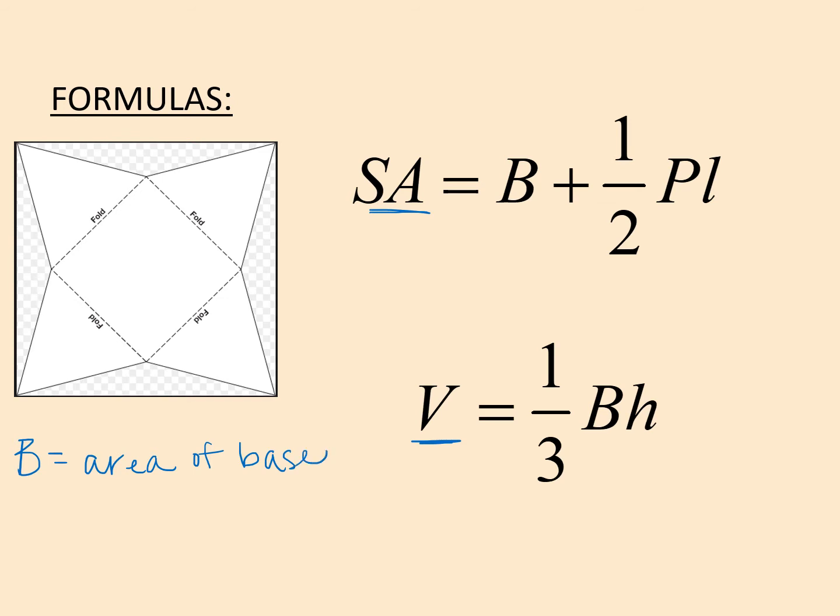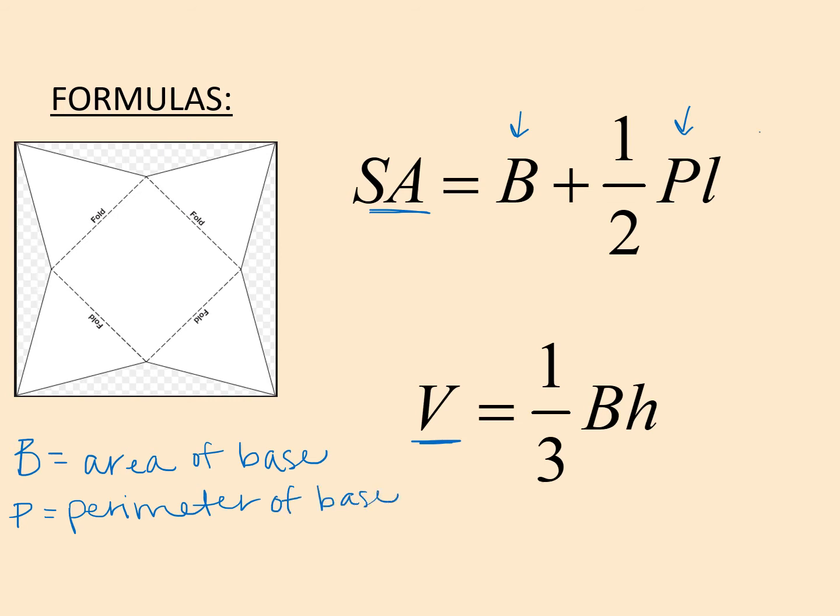so we're only going to do a 1B. With our prisms, there would have been a 2 out front. But now since we're talking about pyramids, instead of having two bases, we only have one, so we only need to calculate one area of the base. Okay, then we have 1/2 P, and we know what P stands for. P again is the perimeter of the base.